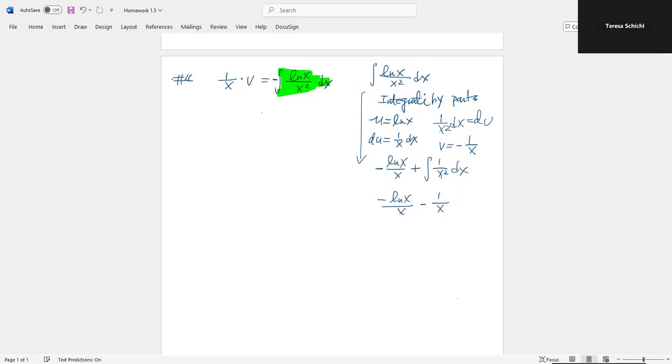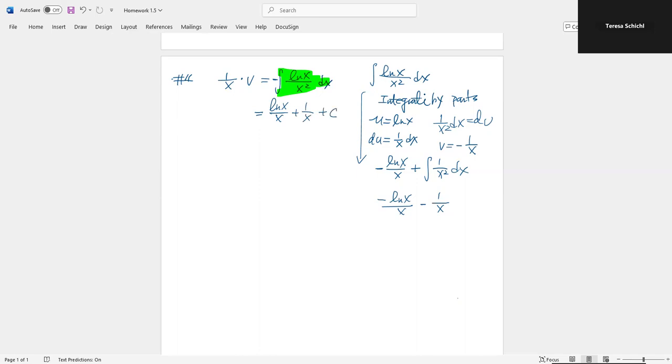Now I can put this back in here. The negative sign is still in front, so it becomes ln x over x plus 1 over x plus c.